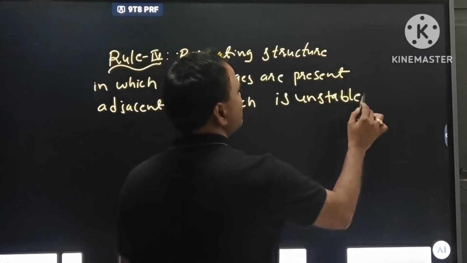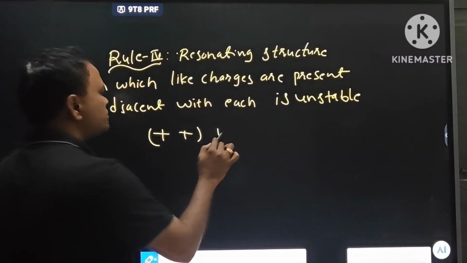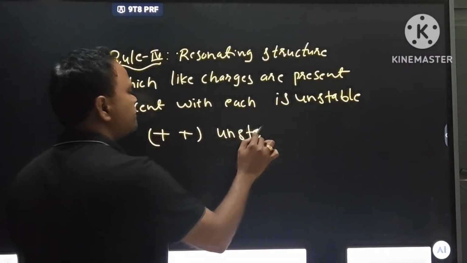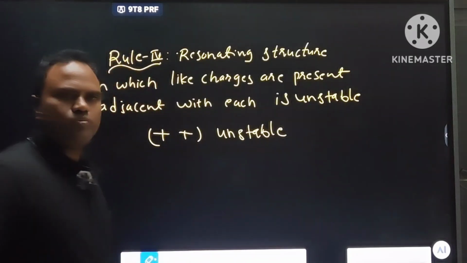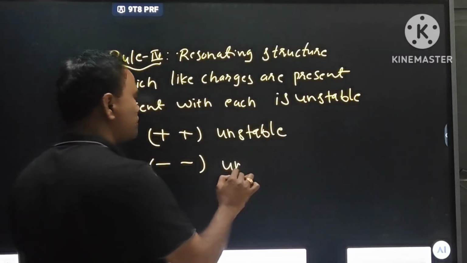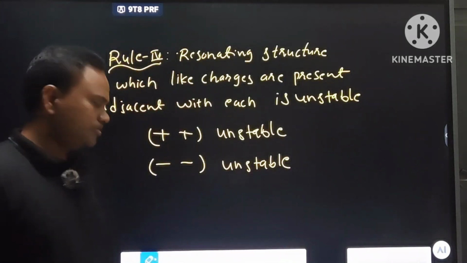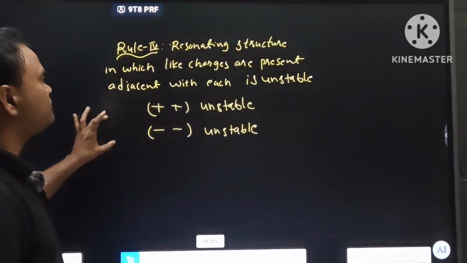Like charges means positive, positive. In any resonating structure, if positive charges are present side by side or negative charges are present side by side, then that resonating structure is unstable. Let us see the example.